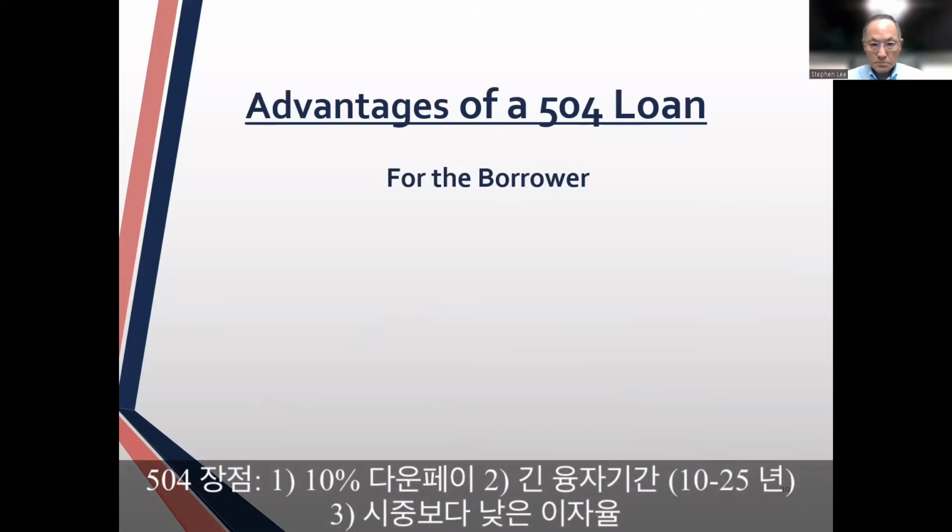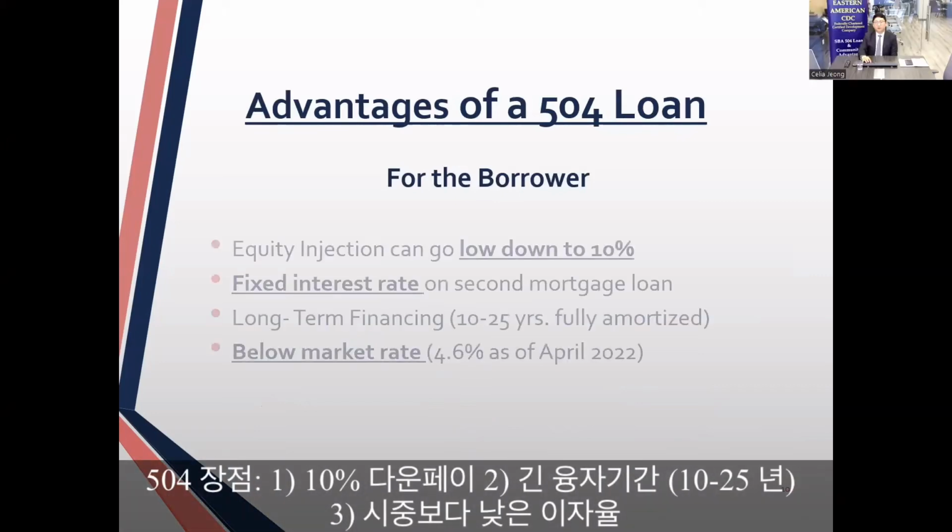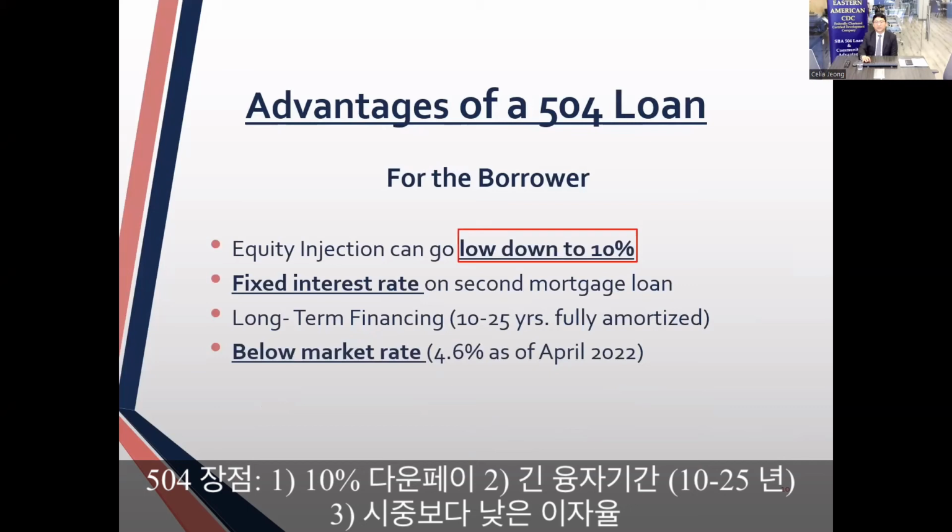Okay, what is the advantage for borrowers? They can put down only 10%. With the SBA 7(a) loan from commercial lenders, they talk about a 10% down payment, but it is not a true 10% down payment.